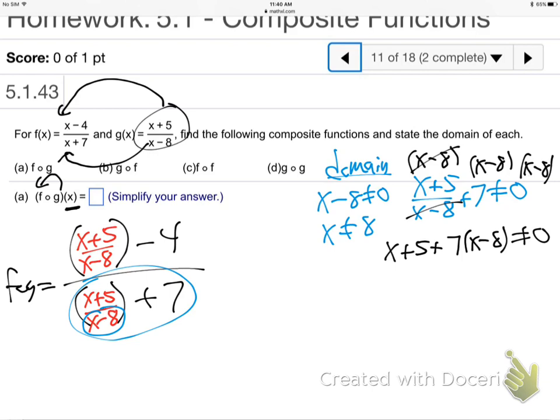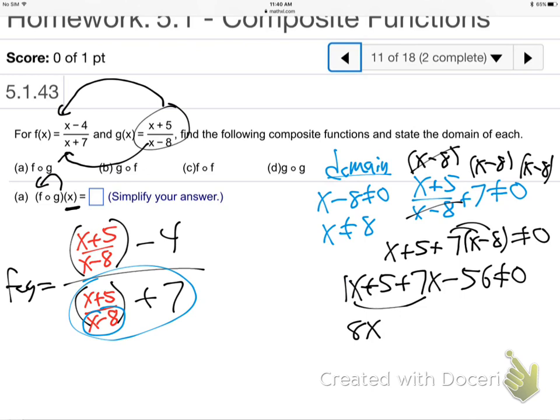Good so far? Trying to solve this little equation. I multiplied through by x minus 8. Canceled in the first spot. 7 is going to multiply through in the second spot. The right side is 0 because 0 times anything is 0. So multiply through by 7. So x plus 5 plus 7x minus 56 cannot be 0. 7x and 1x is 8x. 5 minus 56 is minus 51.